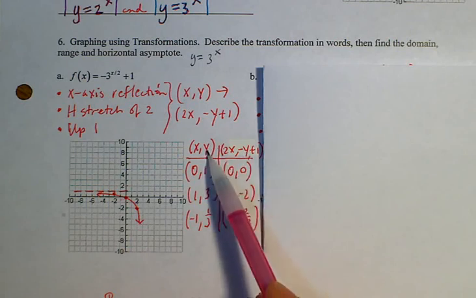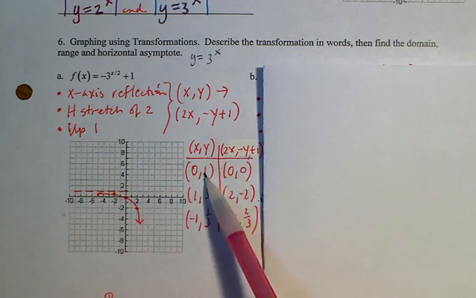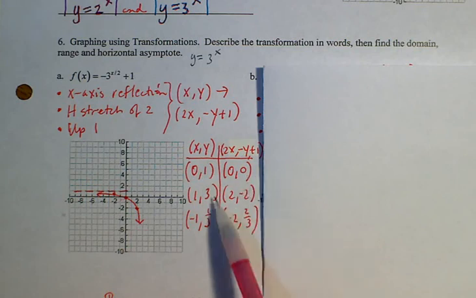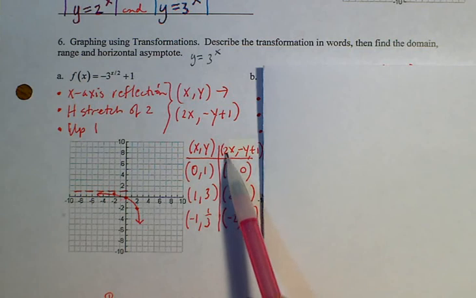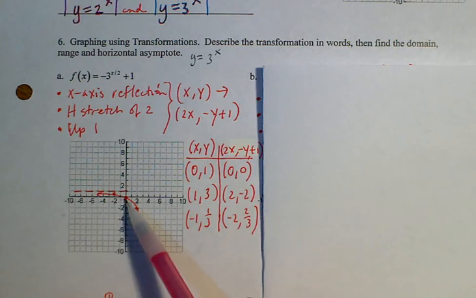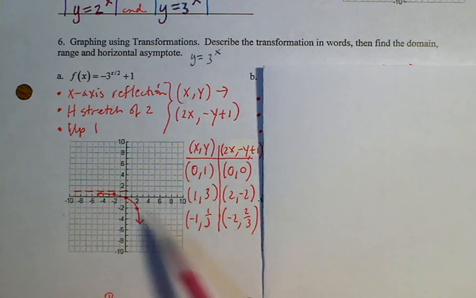For the y, I negate it and then add 1, so that becomes 0. You apply that to every one of them. The next point becomes (2, negative 2), and the next becomes (negative 2, 2/3). Then you plot these points out: a point at (0, 0), at (2, negative 2), and at (negative 2, 2/3).